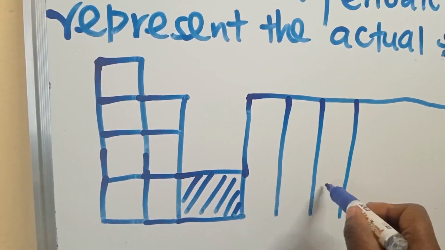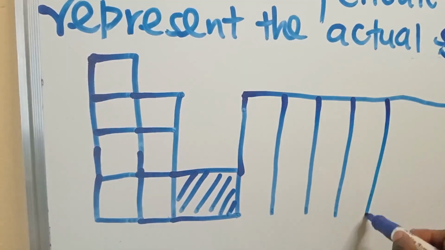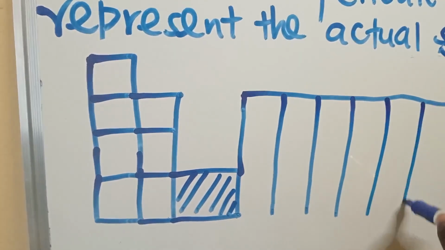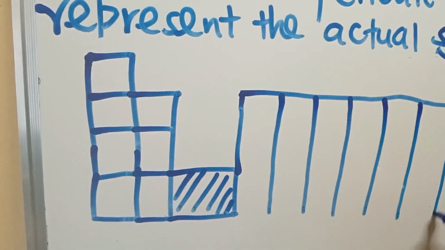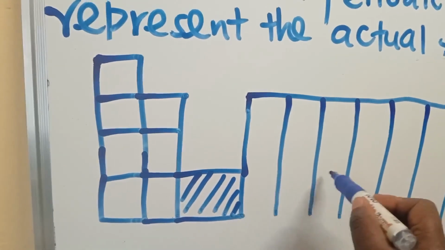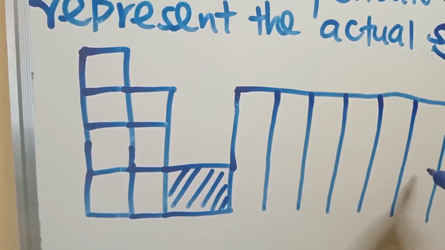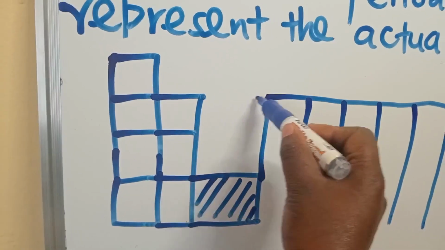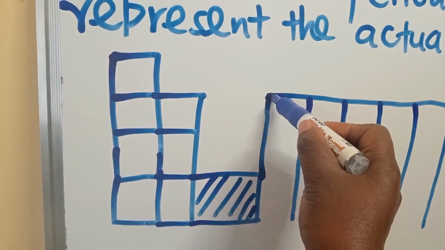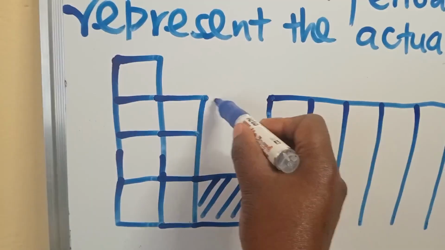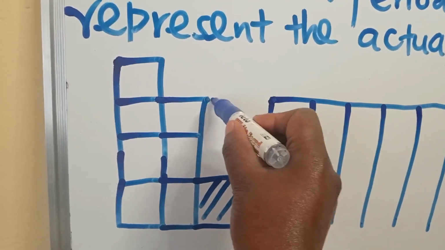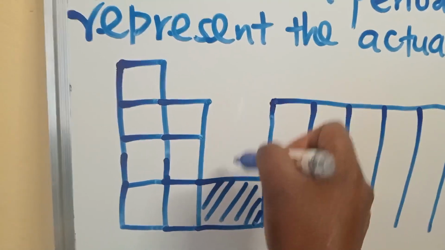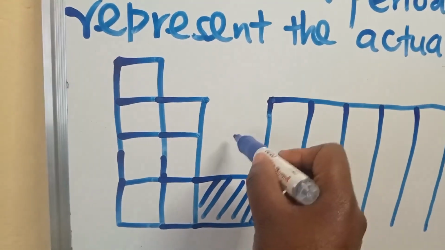So 1, 2, 3, 4, 5, 6. 1, 2, 3, 4, 5, 6. Then remember this line was up to this far, but you're not supposed to draw a line in between. We should have an empty space here.